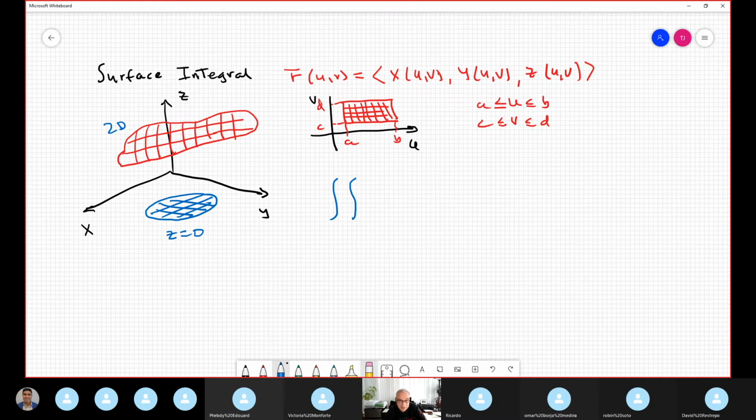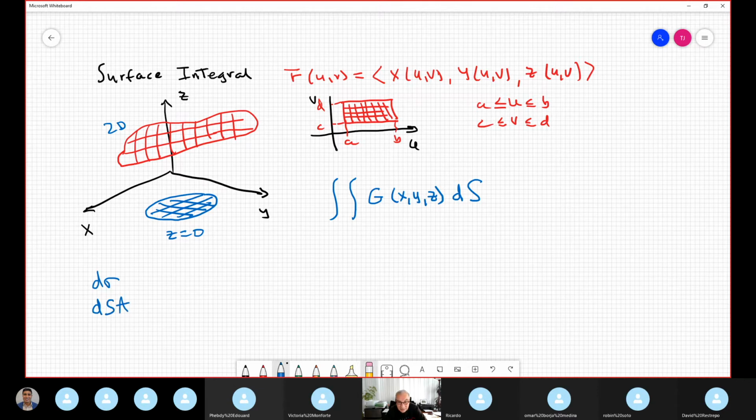A double integral is, suppose you have a function G, capital G, representing the integrand function, and this is dS, capital S. Some books call it different: dσ, another calls it dA, the surface area. I don't like this way.